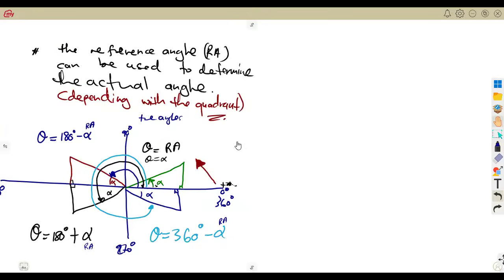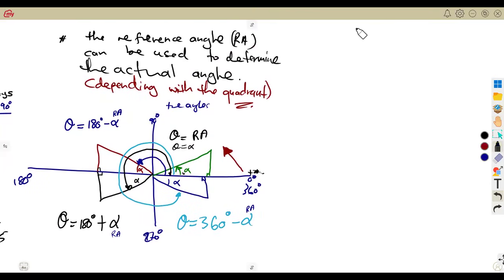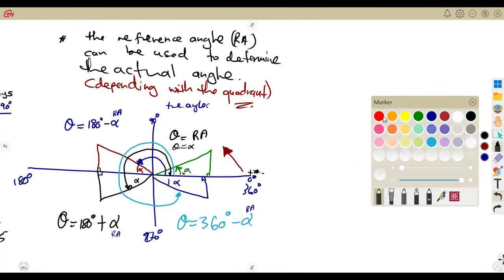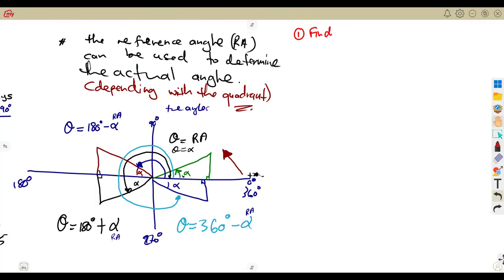So considering positive angles, like I'm stating here, let's say you are given a simple question where we need to apply that reference angle. Let's say you are given to find the solutions, that is, you are now actually solving an equation.